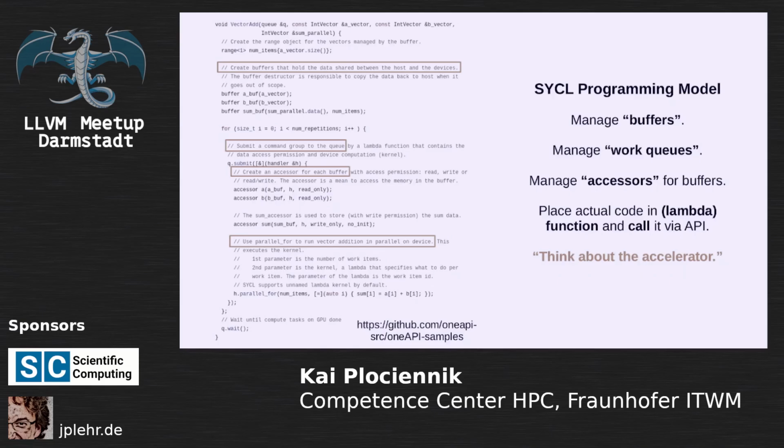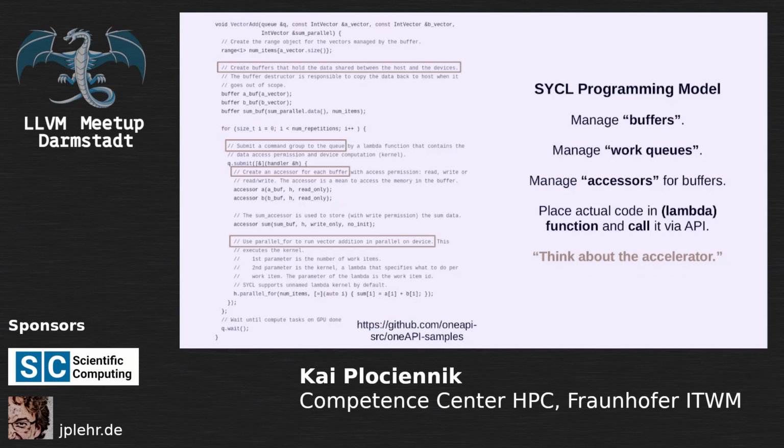You need to manage work queues that contain work items to be processed. You need to specify how to access that data in the buffers, and you have to put in your actual kernel, down here, sum of i is a of i plus b of i. That's the actual computation. And that's a lot of code around it, to be honest, that you need to manage to get this working.